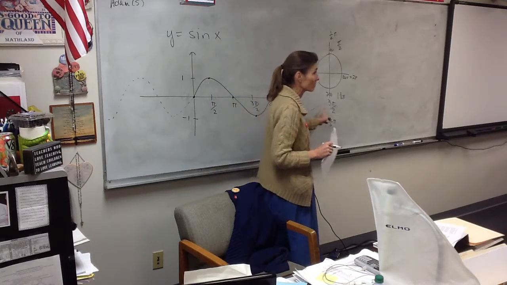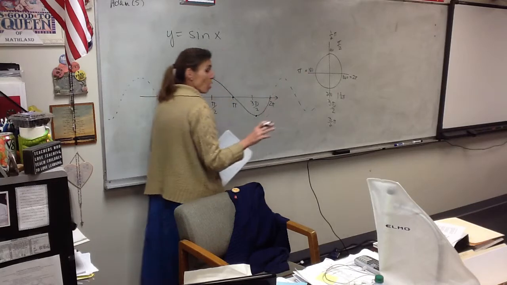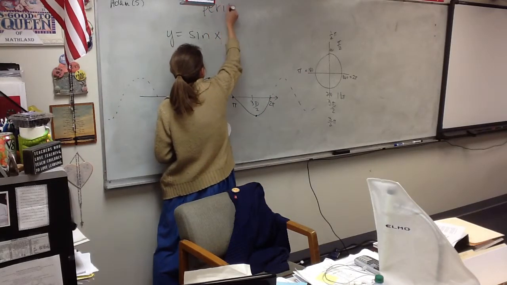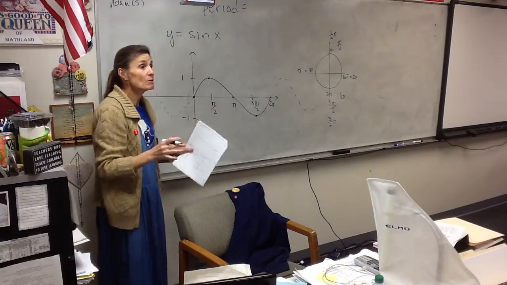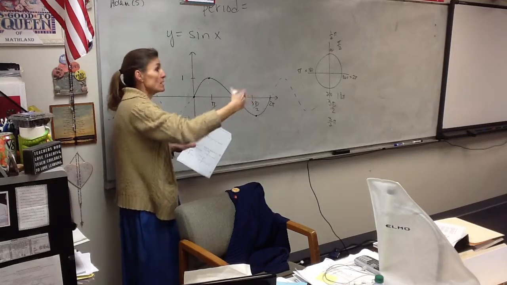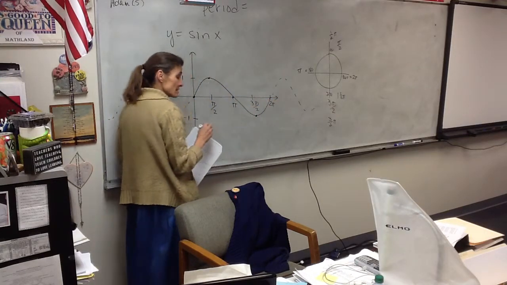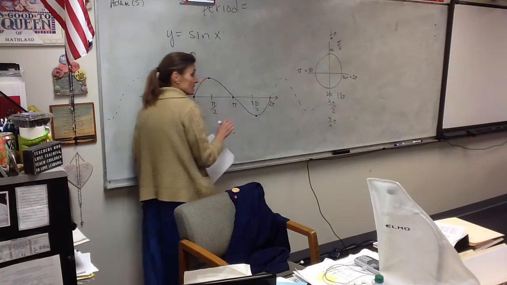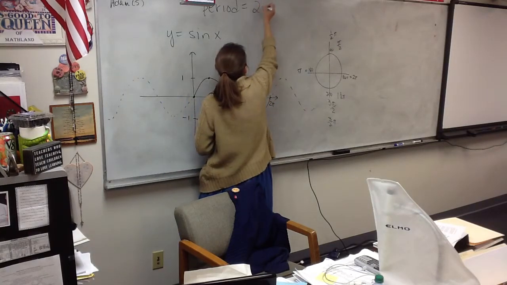Another hill and another valley and another hill and another valley. So when you draw your sine curves, you are going to draw one period of the sine curve. And a period is the part that keeps repeating over and over again. So one hill and one valley is the period. That's it. That's all you need to draw. One hill and one valley. The length of that period is 2 pi.